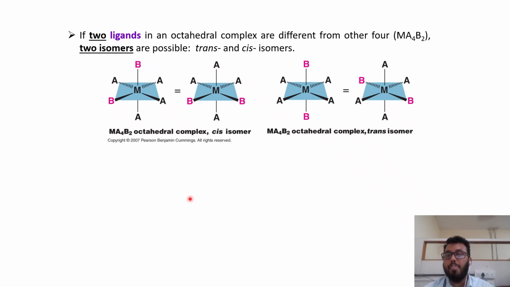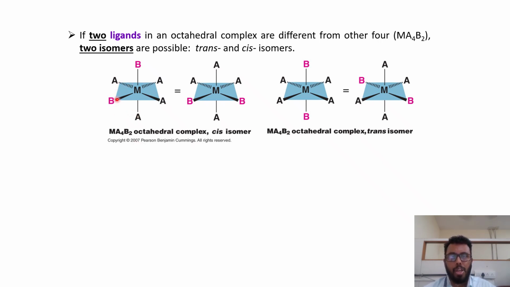It is only possible when 2 B atoms are different from the 4 A atoms. Then you will get trans and cis isomers. You might have learned trans and cis before: when the same atoms or groups or ligands are present on the same side or adjacent to each other, that is called cis. When they are present opposite to each other, that is called trans.